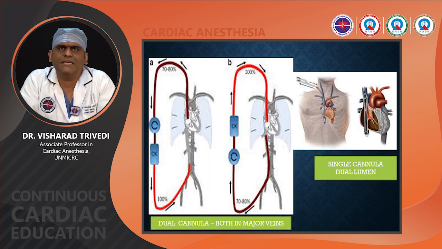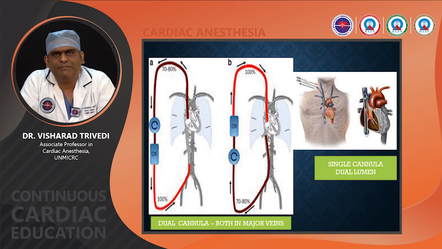You can see in this figure that the first figure is dual cannula. Both cannulas are in a major vein. In the first figure, A, we are taking blood from the jugular and giving it back into the femoral. In the second figure, B, we are taking the blood from the femoral cannula and giving it back into the IJV.